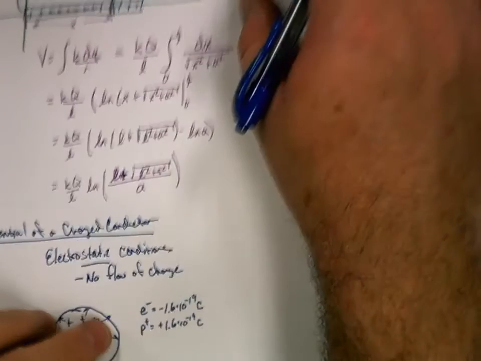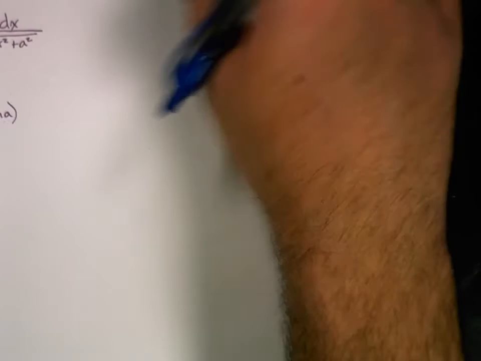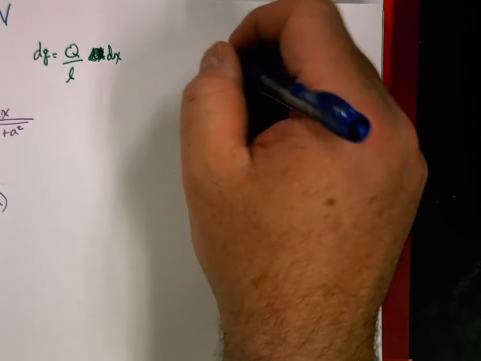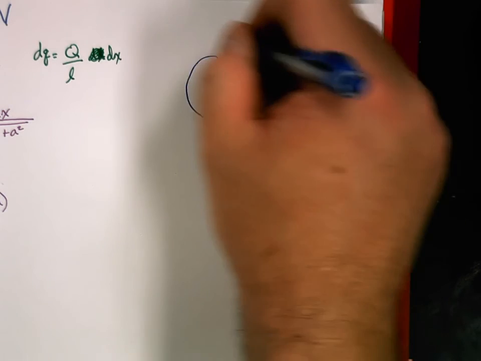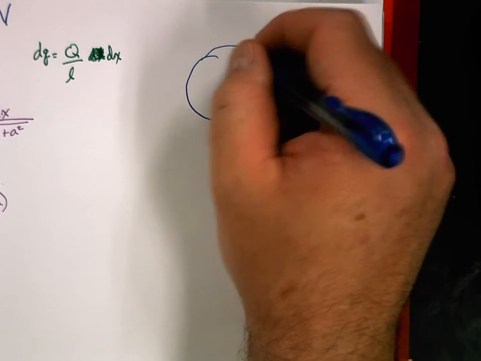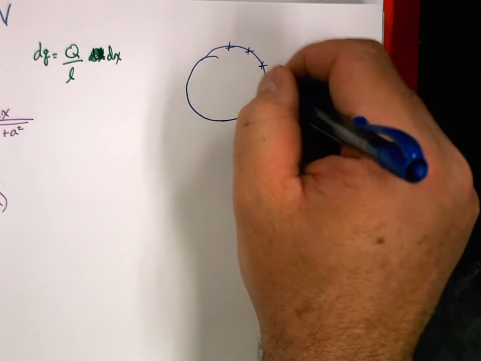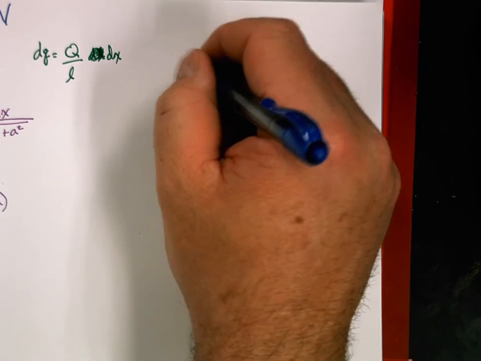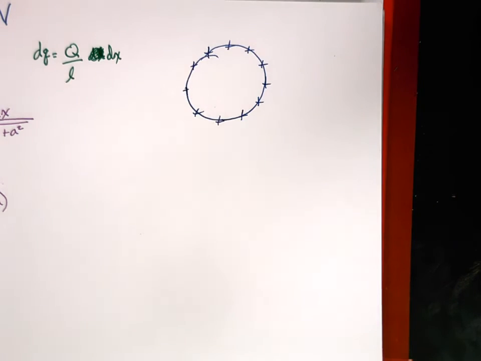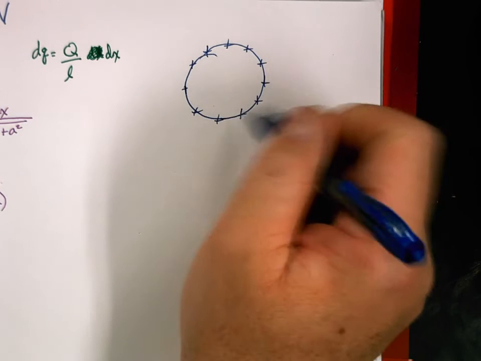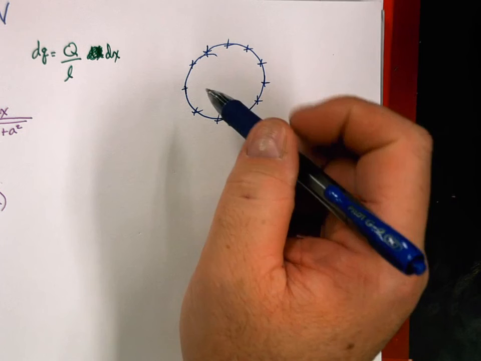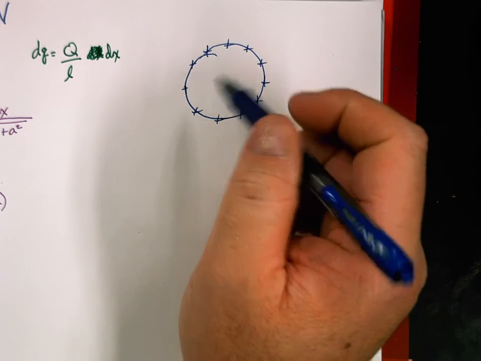All right, so if we get our charged object, all our charge distributes on the surface, and not only that, regardless of the shape of your object.